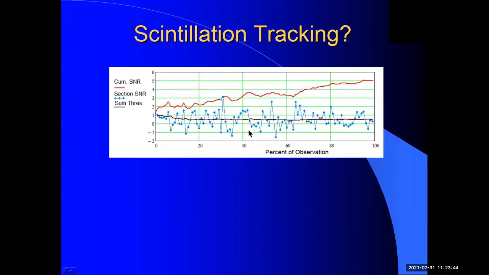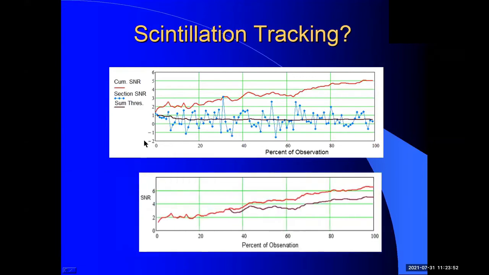Now this is probably due to scintillation, and because we've written the program, we can cut out those bad sections, and if we do that and then integrate, we find that we can improve the signal to noise ratio, in this case from 5 to 1 to about 6.5 to 1.